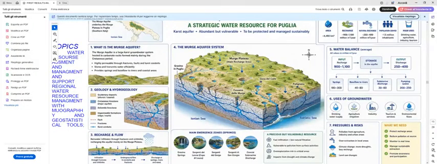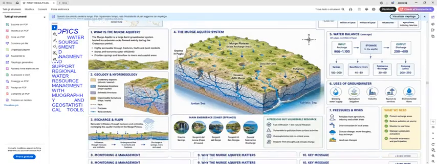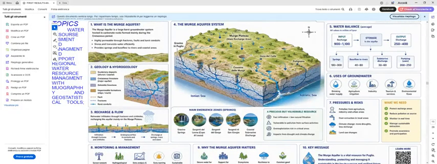We are studying some main emerging zones and springs, like Sorgente di Gorgo, Sorgente di San Giorgio, and also coastal submarine discharge.